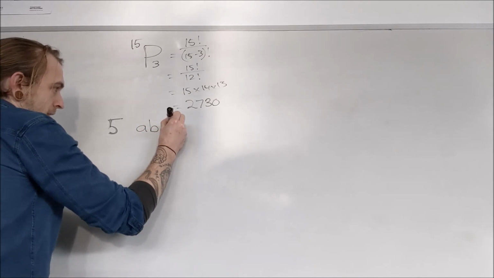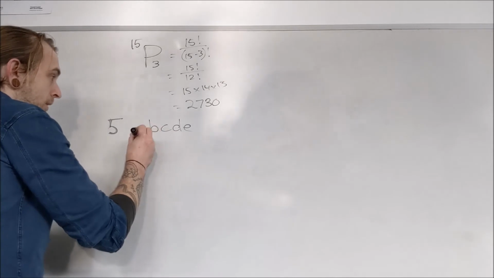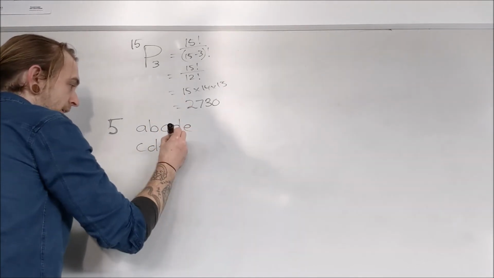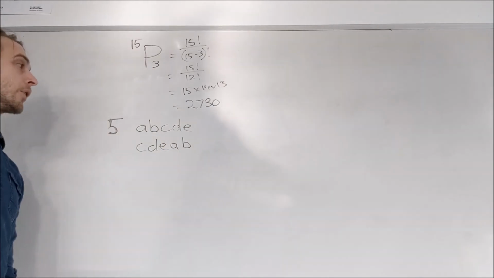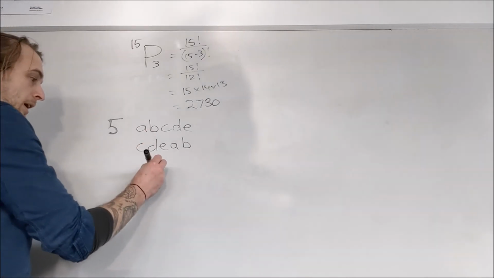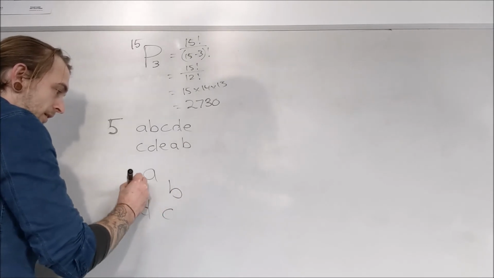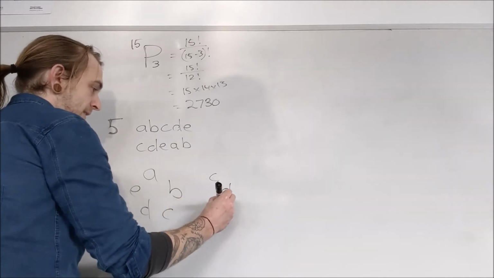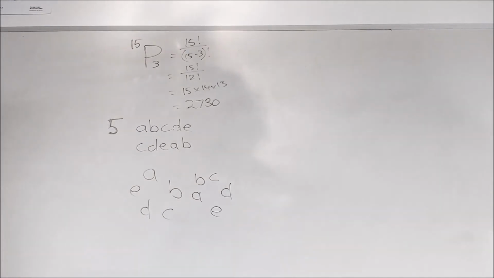A, B, C, D, E and C, D, E, A, B would be 2 different combinations of those 5 people on a bench. A, B, C, D, E is no different to C, D, E, A, B as far as the circle is concerned.